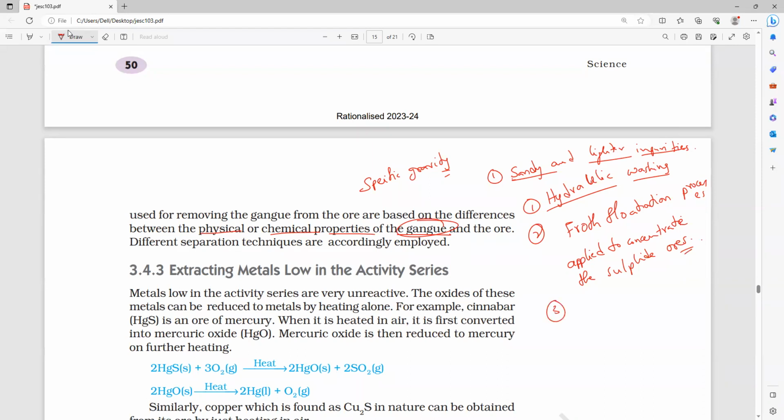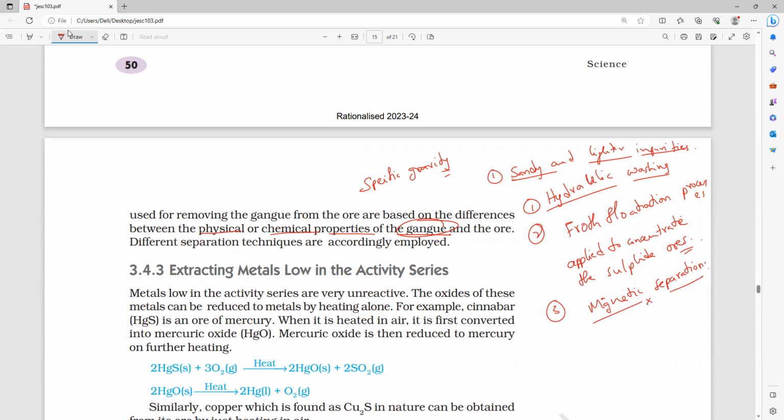Next, the third one, magnetic separation. You might have studied this in 9th class also. Magnetic separation is applied when the ore is magnetic or the impurities are magnetic.